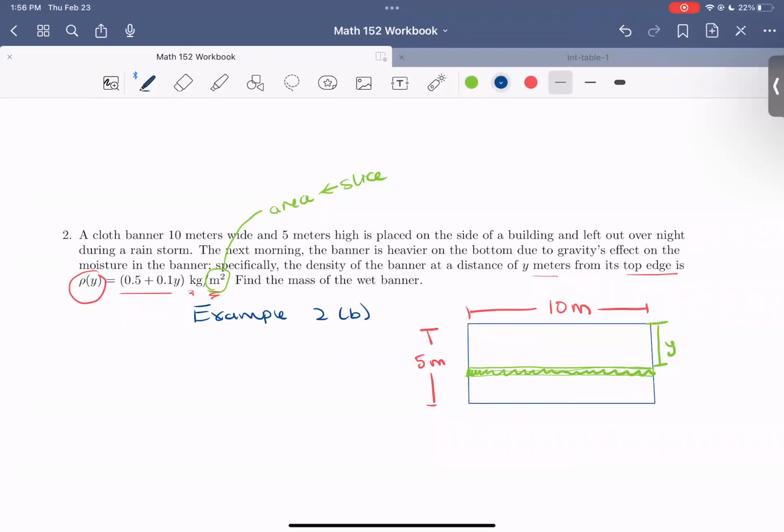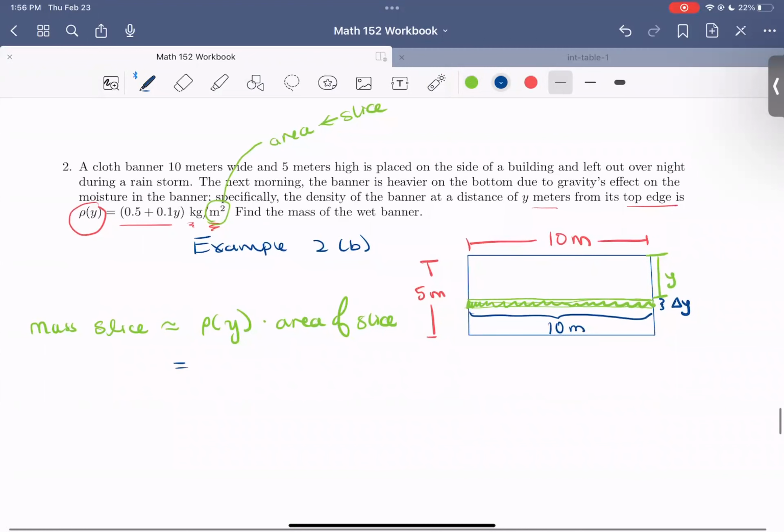So let's decorate and label our slice a little bit. So we have a change of y here. The slice length is going to be 10 meters. So then if we set up the slice and we can find the mass of the slice, well, again, that's going to be rho of y times area of slice.